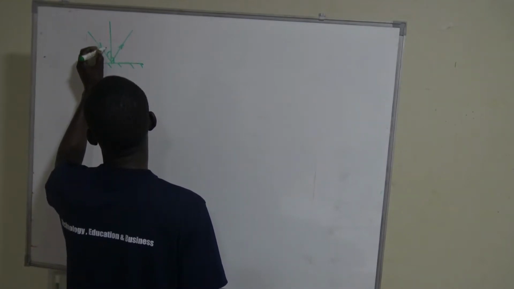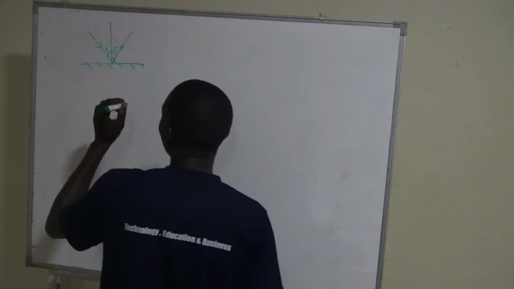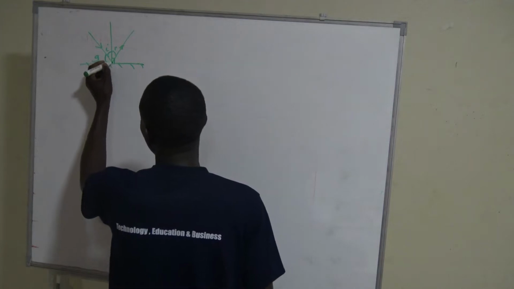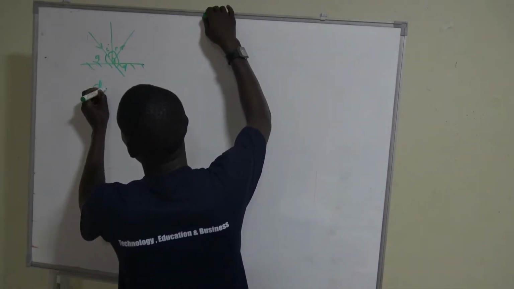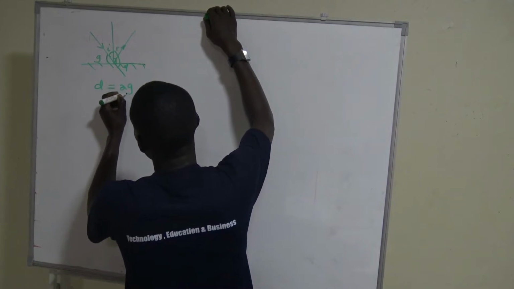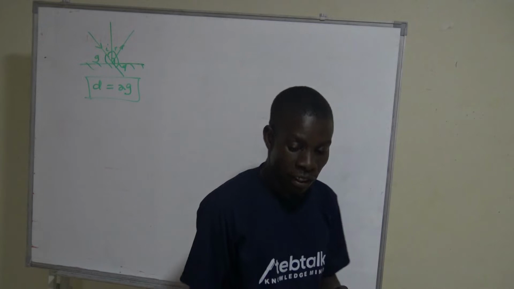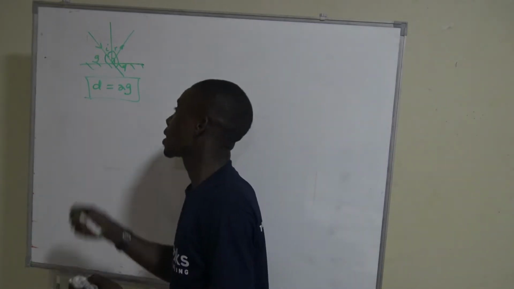If I have this I here and this R here, we said that if this is the angle of glancing, the deviation D produced can be given by twice G. Is that okay? Having looked at that, let's see how we can use this ahead.